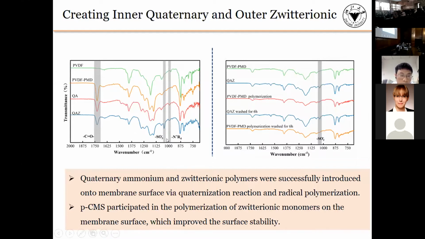So from the FTIR, we can say that our preparation succeeded. And also from this figure, we can find that the PCMS participates in the polymerization of the zwitterionic monomers on the membrane, which can improve the surface stability.